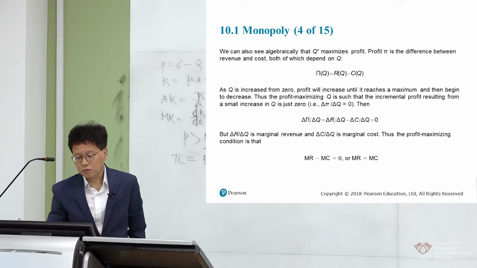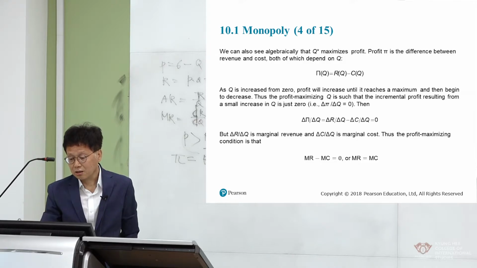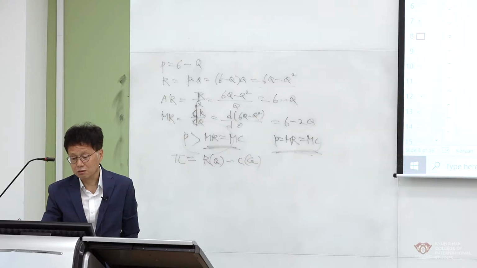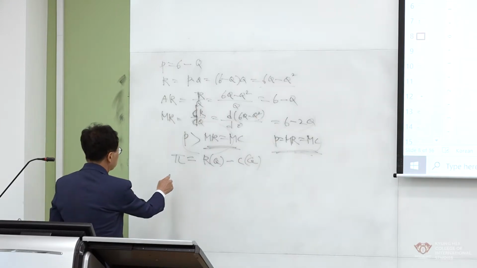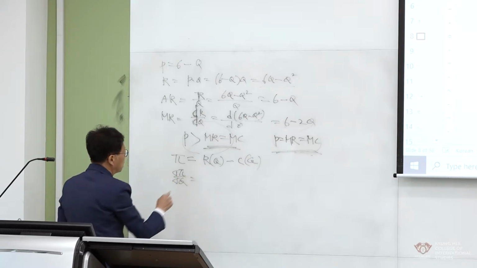As Q is increased from 0, profit will increase until it reaches the maximum and then begin to decrease. Thus, the profit maximizing Q is such that the incremental profit, in other words marginal profit, is equal to 0. Change in profit over change in Q is marginal profit.